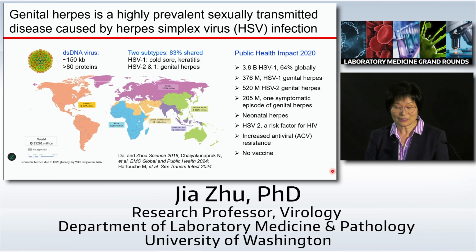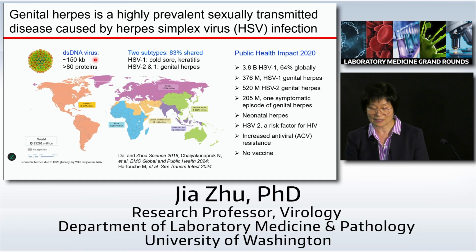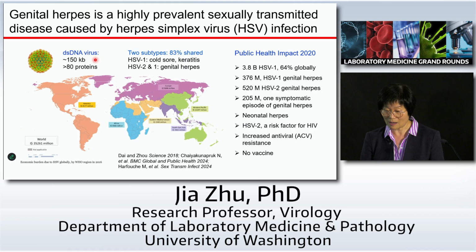Genital herpes is a highly prevalent sexually transmitted disease caused by herpes simplex virus infection. HSV is a double-strand DNA virus that encodes more than 80 proteins, and there are 2 subtypes, HSV1 and HSV2. Although they share more than 80% sequence homology, they differ in serology, clinical manifestation, and transmission route.